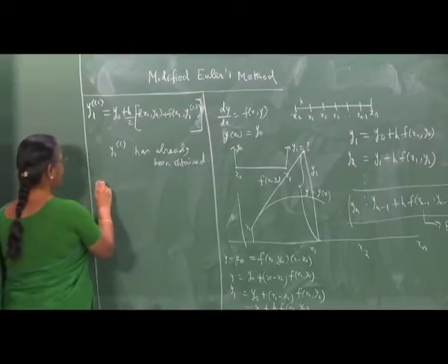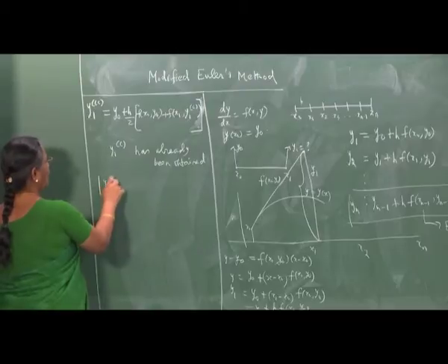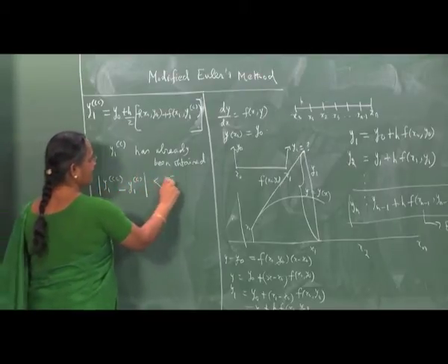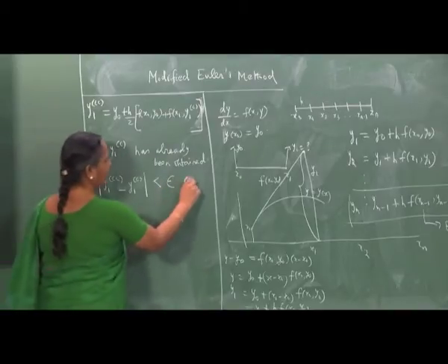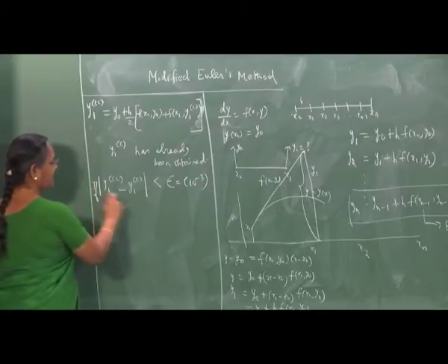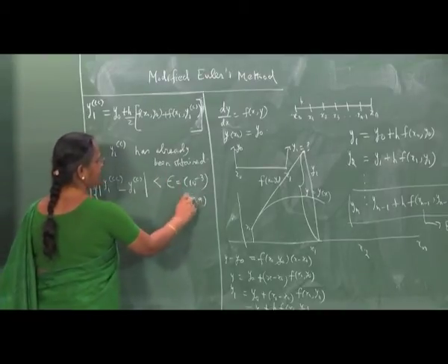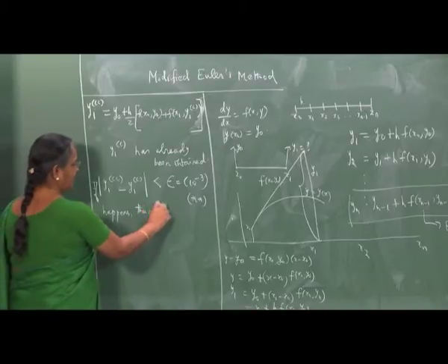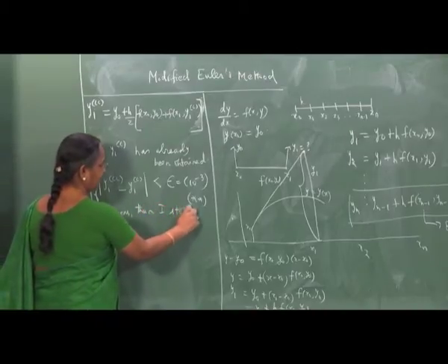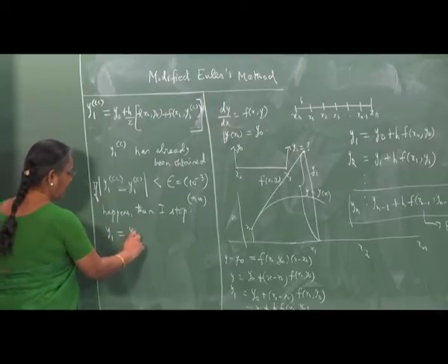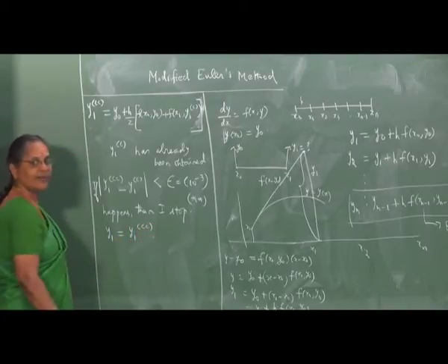At this stage, I check if y1 second corrected value minus y1 first corrected value is less than epsilon, say 10 to the minus 3. If this happens, call this double star. If this happens, then I stop the computation and write down the solution y1 as y1 second corrected value.